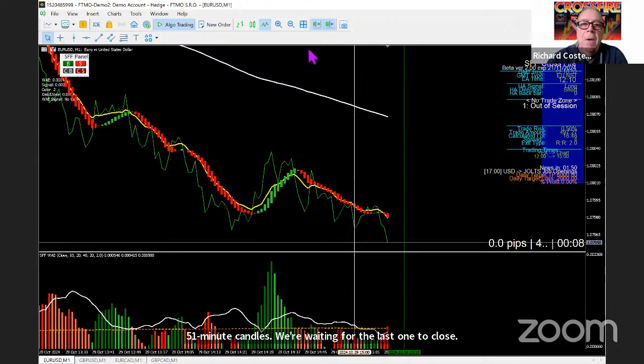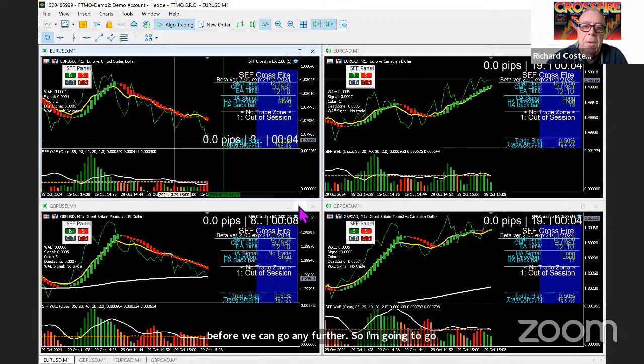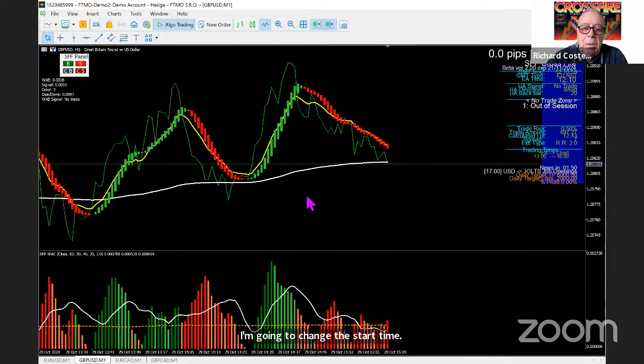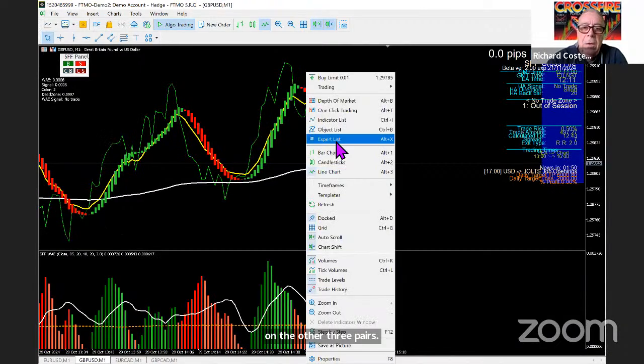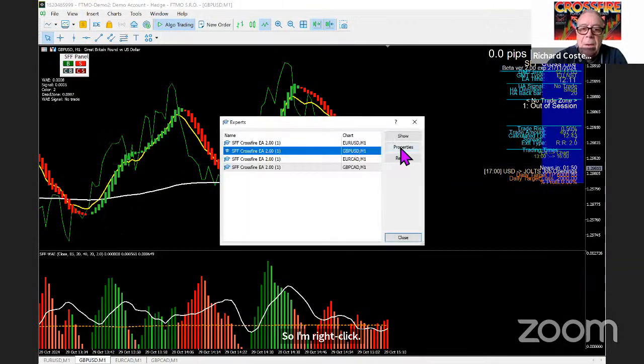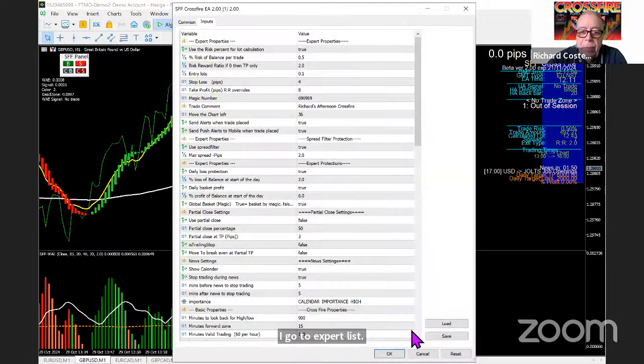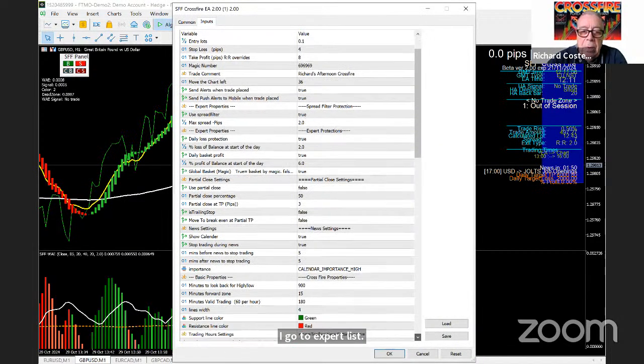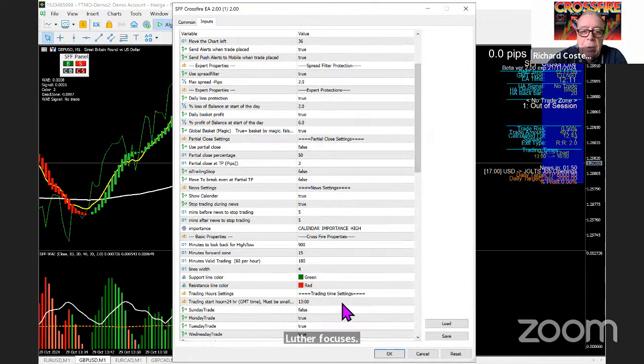So I'm going to change the start time on the other three pairs. I right click, go to expert list, go to properties, go down to 13, this should be 1200.